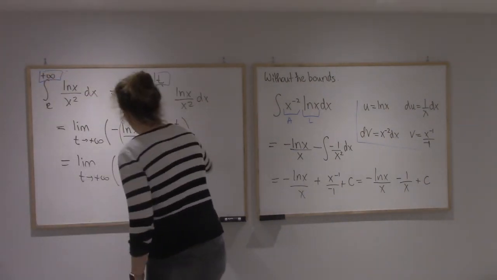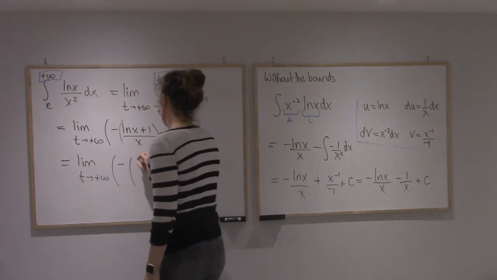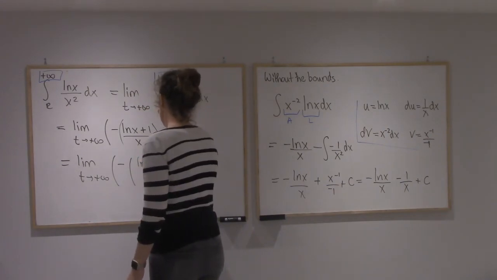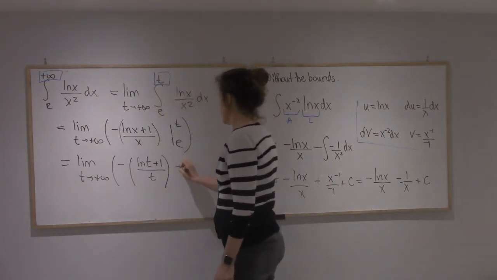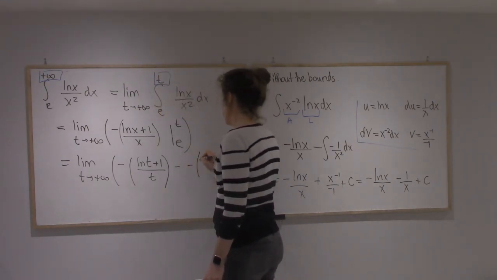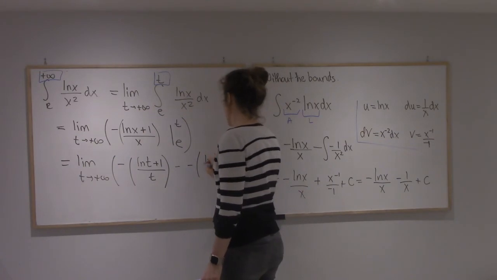Top one gives me log of t plus 1 over t. Second gives me log of e, which is 1, plus 1 over e.